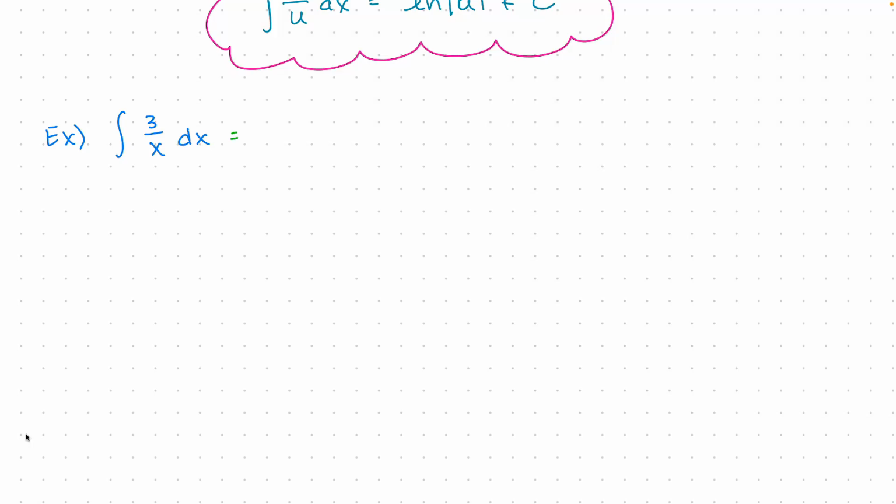You definitely do not have to write this out, but remember that 3 that's in front, anytime you're multiplying by a constant, you can just factor it out of the integral. And then it's exactly one of the formulas I gave you up above. So you can just go to the final answer on this one. But just for our notes, I wanted to put that in there. There it is. It really is that simple.